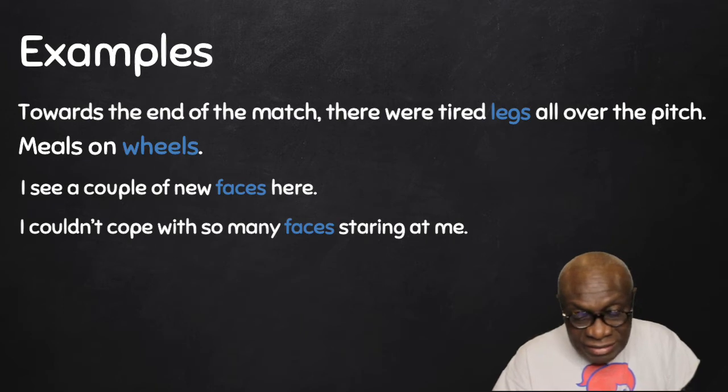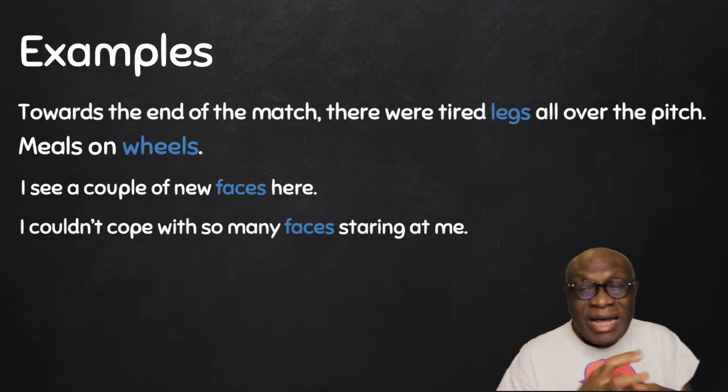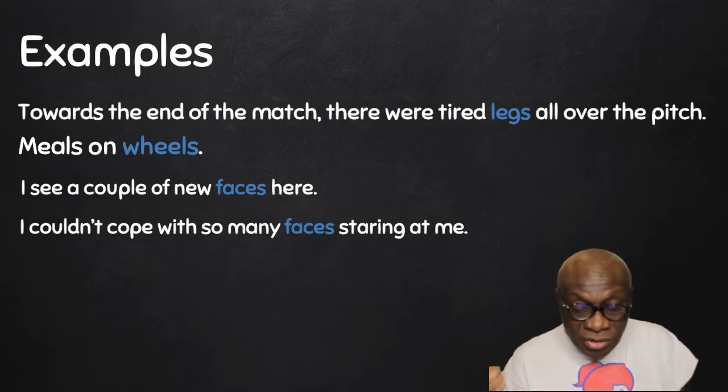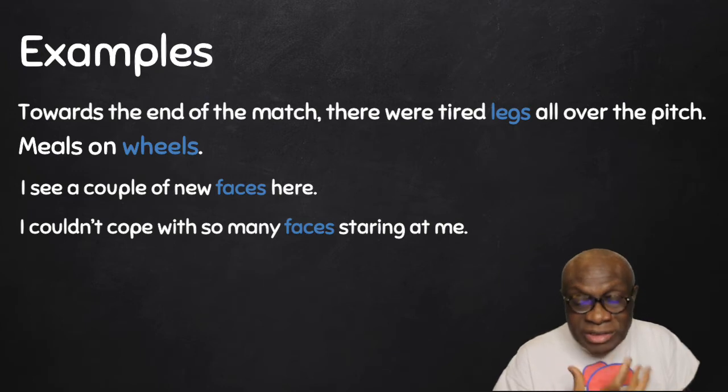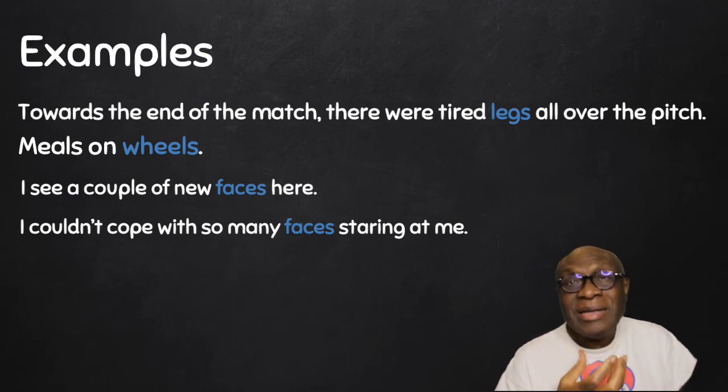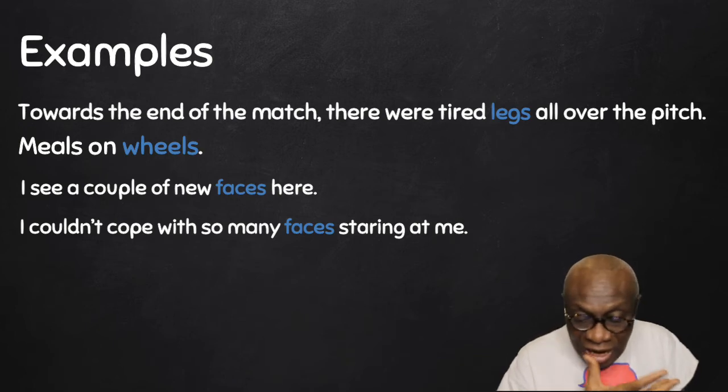So this fourth example is different from the first three. The first three, legs, wheels, and faces, are taking part of the whole to represent the whole. Here, the whole is being used to represent the part. The part of the face is eyes.